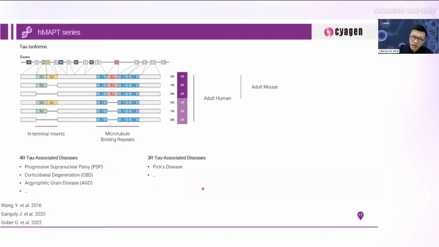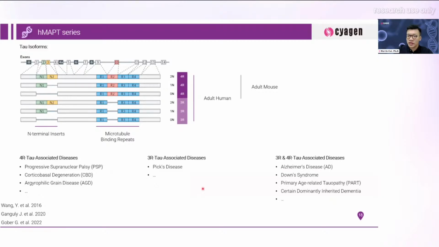And more frequently, we see the 3 and 4-repeat tau-associated diseases such as Alzheimer's disease, Down syndrome, primary age-related tauopathy, and other dominantly inherited dementia.